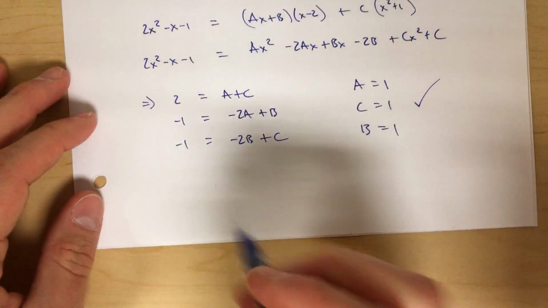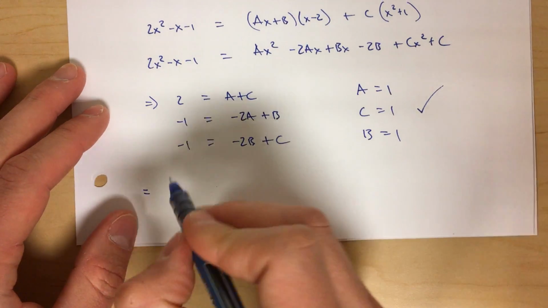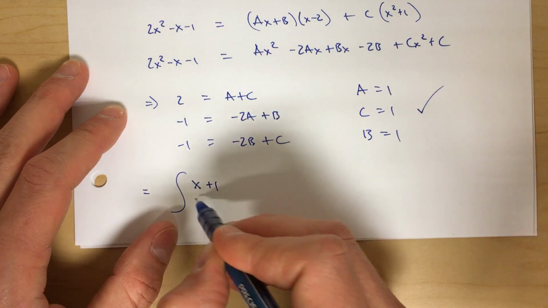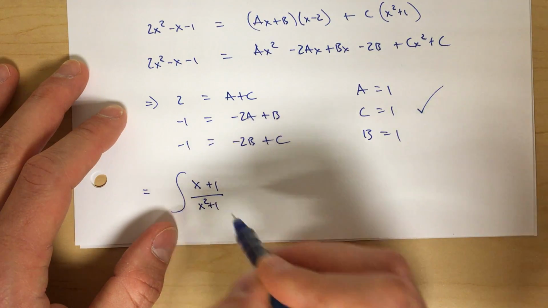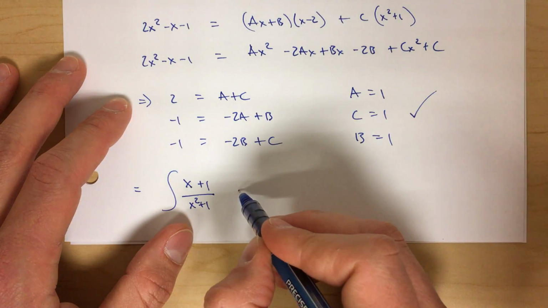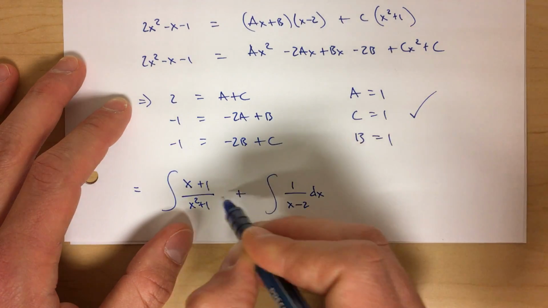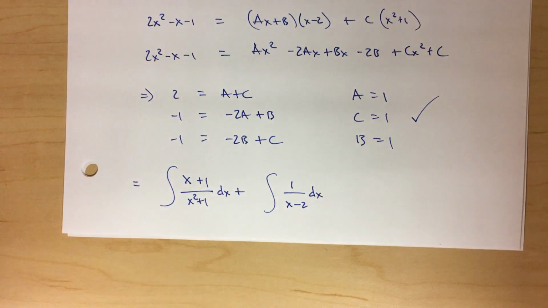That's true. So this now becomes the antiderivative of ax plus b, that's x plus 1 divided by x squared plus 1, plus the antiderivative of 1 over x minus 2. So now we have to figure out, do we know how to find the antiderivative of x plus 1 over x squared plus 1?